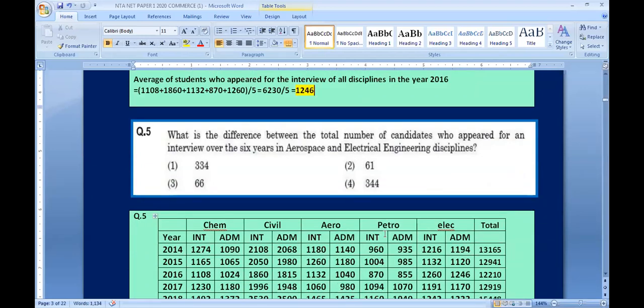What is the difference between the total number of candidates who appeared for the interview over 6 years in aerospace and the electrical engineering disciplines? So they're asking you the difference. Summation and difference is another model. Just add up or subtract the two values, you will get.